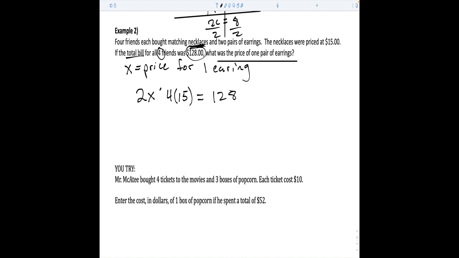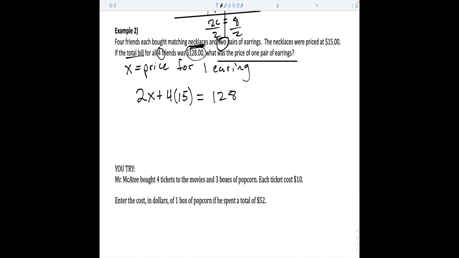How do you get 2 is x? It says 2 pairs right here. Oh, I didn't see that. Mr. McAtee, it said each. They each bought it, so that's 4 friends each bought matching necklaces and 2 pairs of earrings. 4 friends bought 2 pairs.